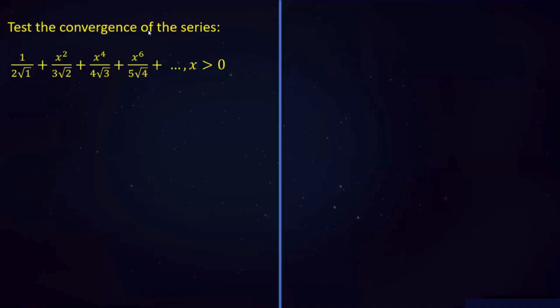Now take this question. We need to again test the convergence of this series. As I told you, finding the nth term is one difficulty. After getting the nth term, choosing a suitable test is one more difficulty. So look at that carefully and see what may be the nth term here.